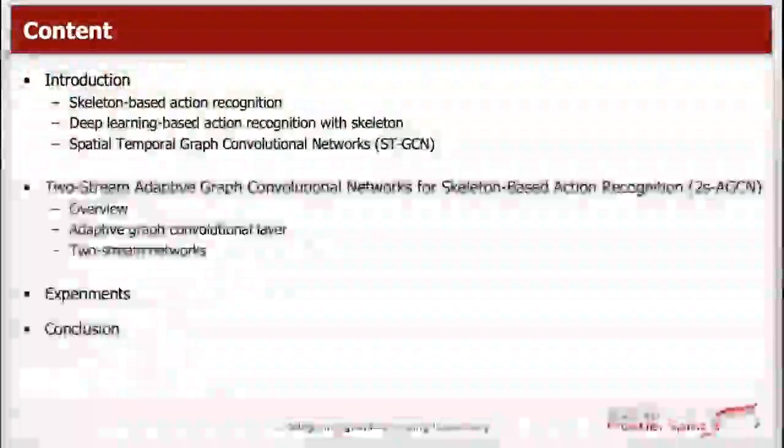I will introduce this paper from the following contents. First of all, I will give you some background information about skeleton-based action recognition and the deep learning-based action recognition methods. Next, I will introduce some background methods about the spatial temporal graph convolution networks, also called STGCN.